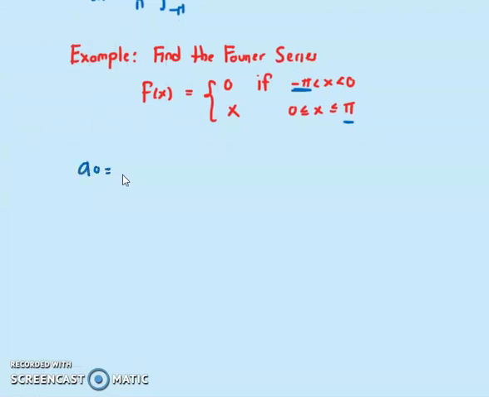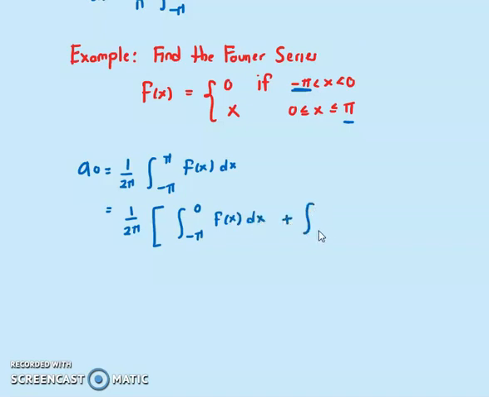a naught is given by 1 over 2 pi, integral from negative pi to pi of f(x) dx. So we have 1 over 2 pi. Now I can divide this interval into the integral from minus pi to 0 of f(x) dx plus the integral from 0 to pi of f(x) dx.